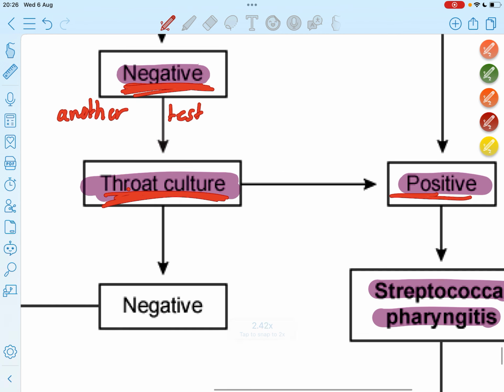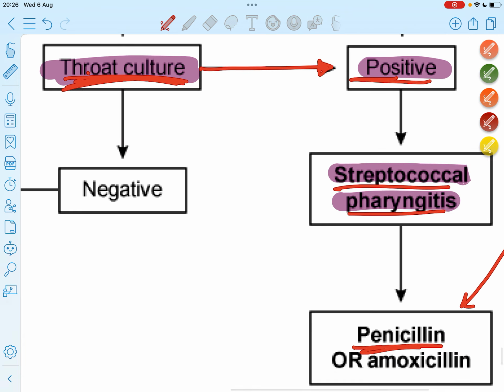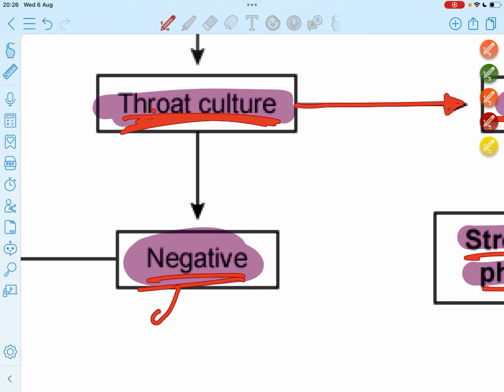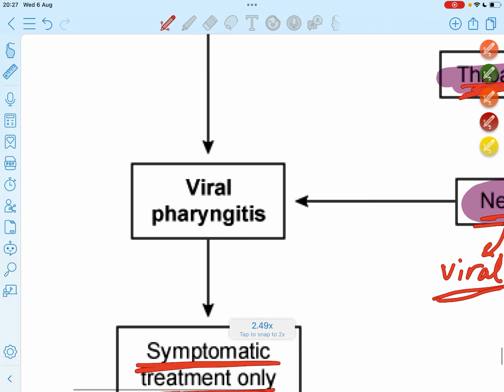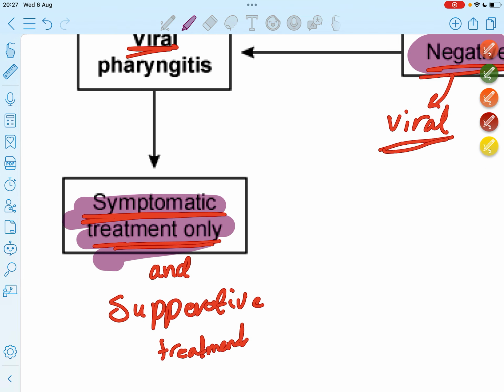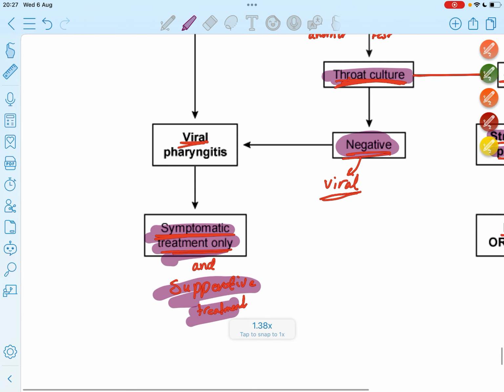If the throat culture is positive, it's a streptococcal pharyngitis and you should give him penicillin. If it's negative, it's definitely a viral cause. And in a viral cause, we treat with just symptomatic treatment.